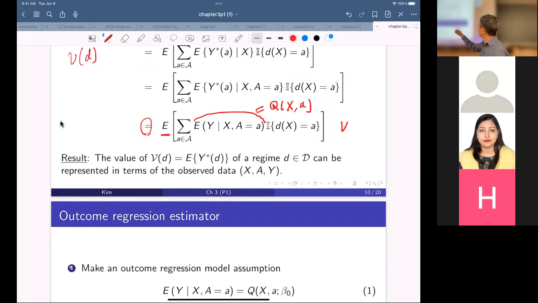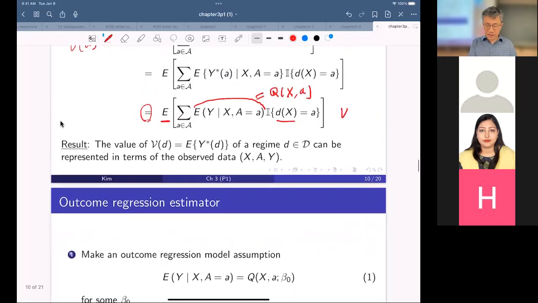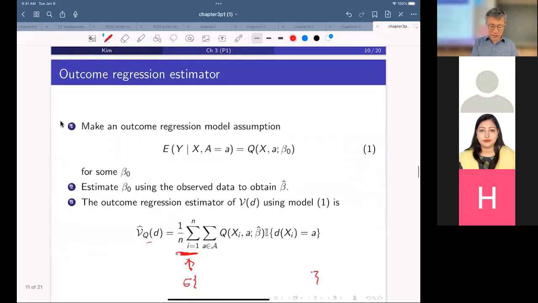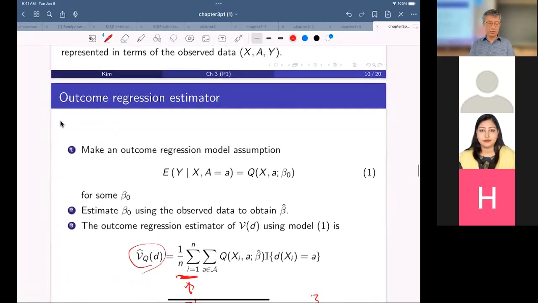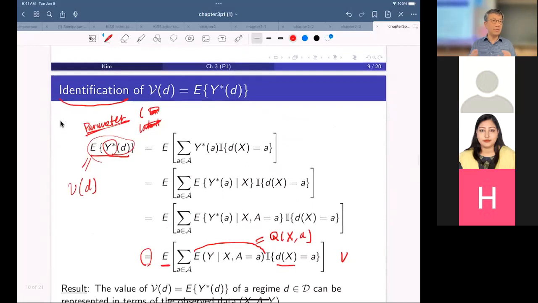You compute the Q function, and then the indicator. This is computable if you observe the data. If you observe X and you know the decision rule, then you can compute d of X, and determine which one applies. So this relationship basically gives you an estimator, which is the direct result of this identification result.